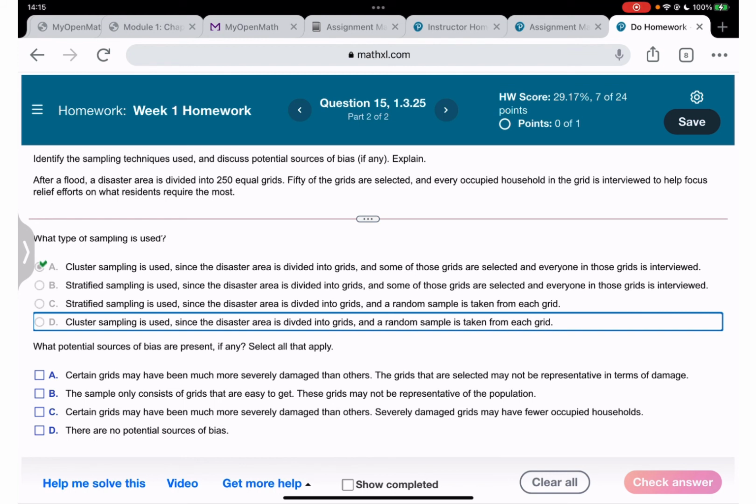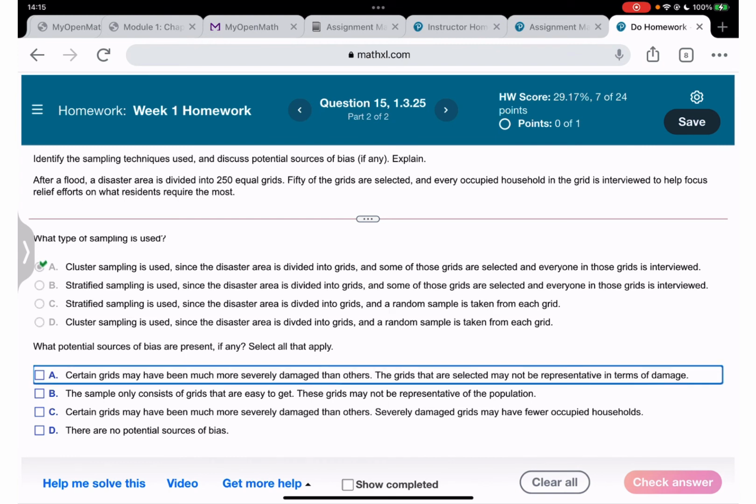And next one, certain grids. What potential source of bias is present, if any? Okay. Certain grids may have been much more severely damaged than others. That's true. The grids that are selected may not be representative in terms of damage. This is one. And then another, certain grids may have been much more severely damaged.